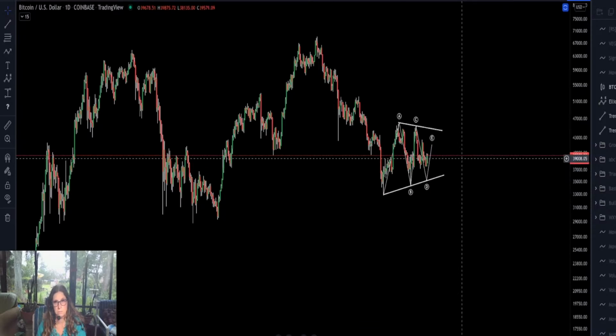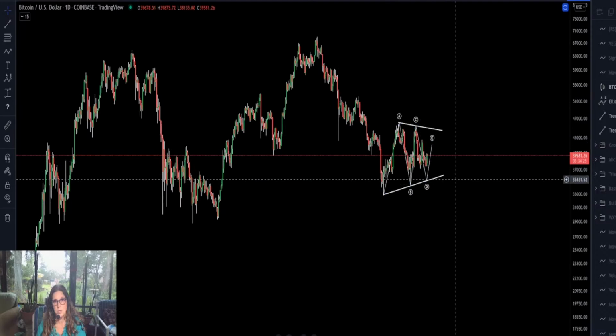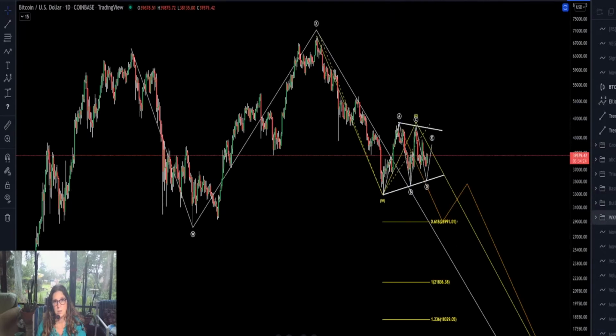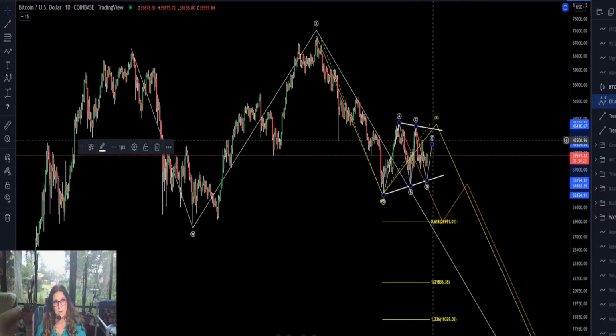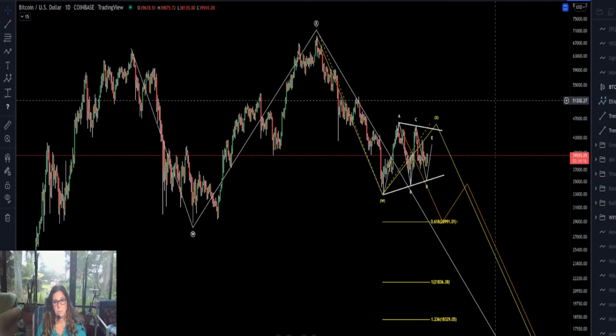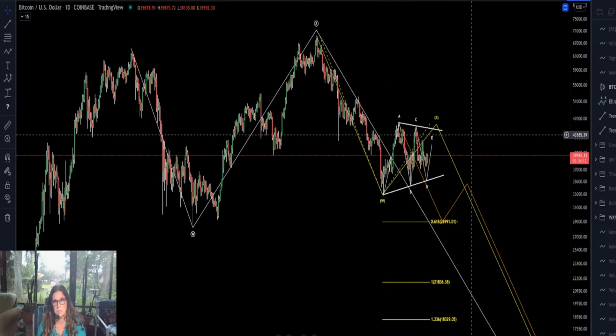We can't tell until we fill in some more legs. But if we end up doing this one and breaking to the downside, then we are creating the WXY count, because we're going to assume that this triangle is an X.